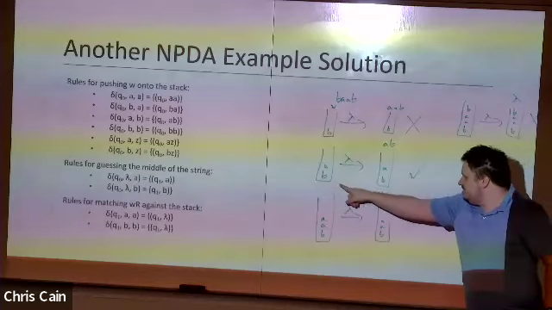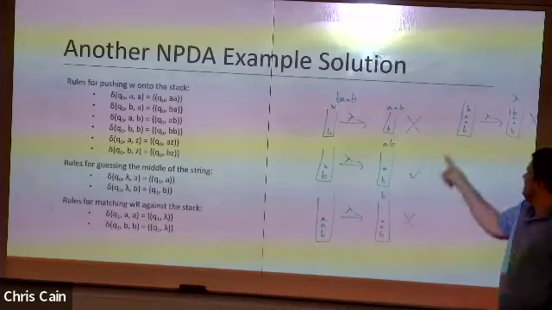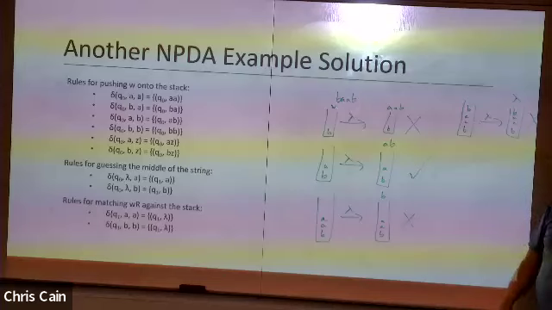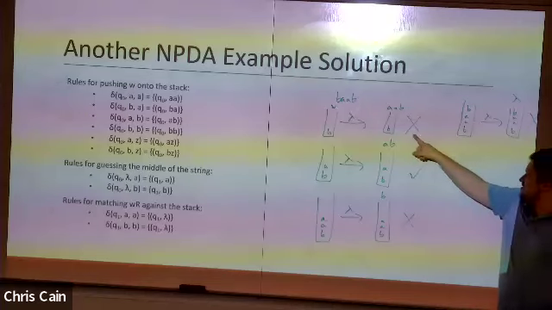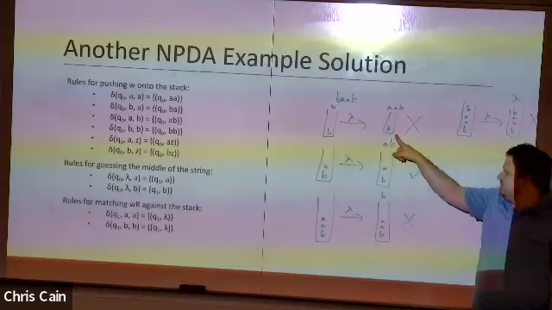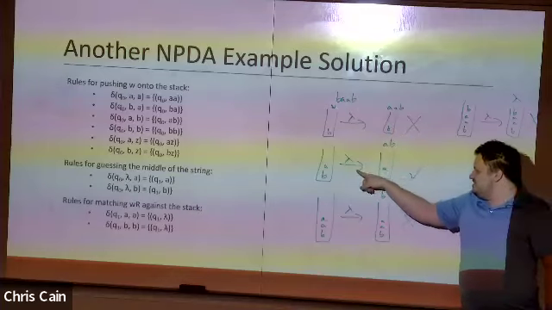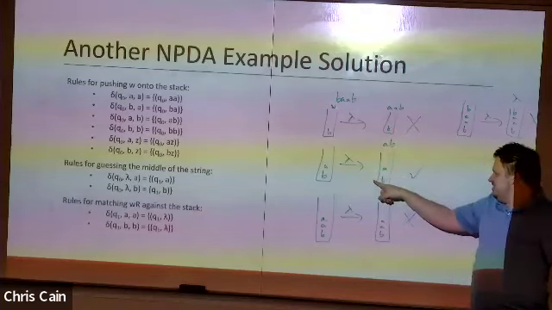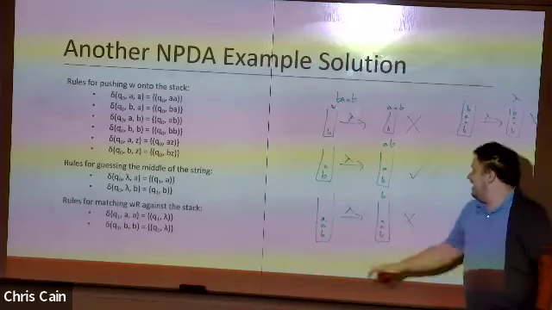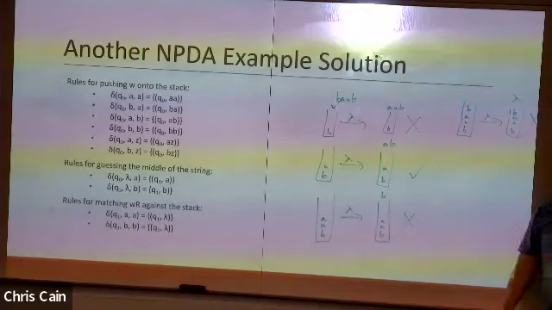This one's second step is to push A, push A, push A. This one's third step is to map this A to this B and reject. This one's third step is to lambda transition over to Q1. This one's third step is to push A and push A. So they're all working in parallel for each step.